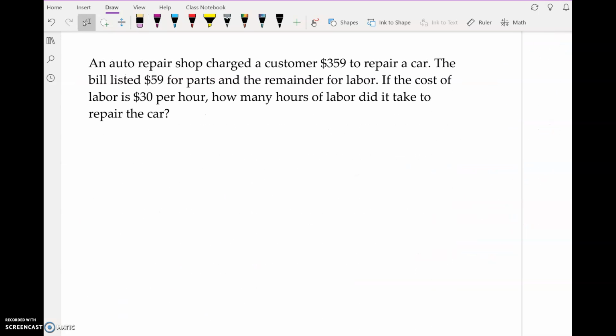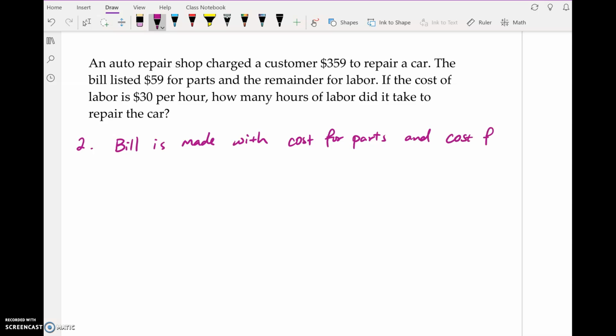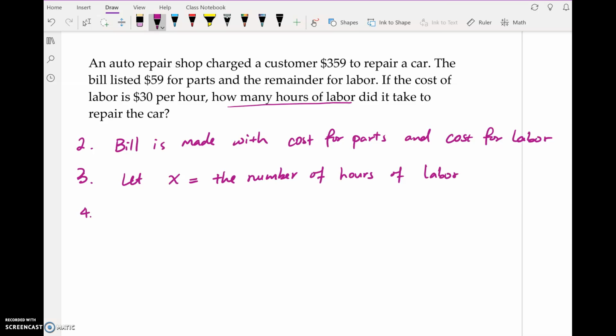Okay. The next one, we're talking about an auto shop bill. So the bill is made with the cost for the part and the cost for labor. We want to know the number of hours of labor. So we know the total bill is 359.